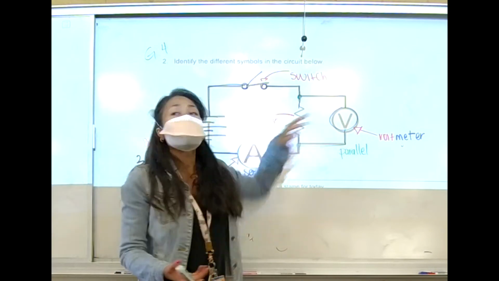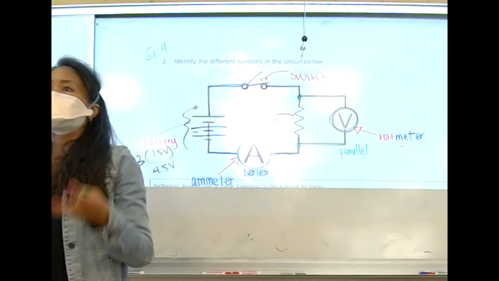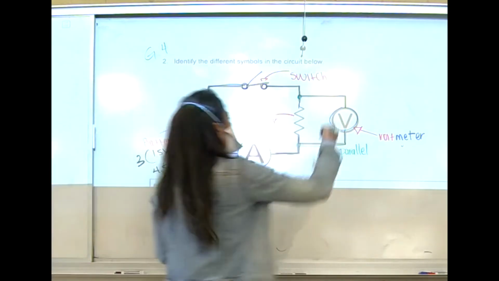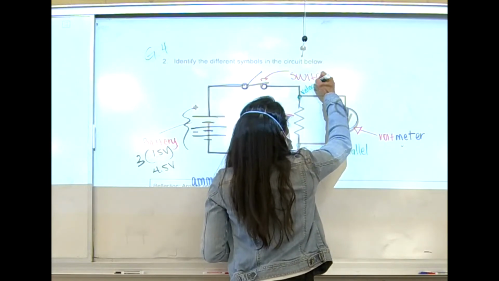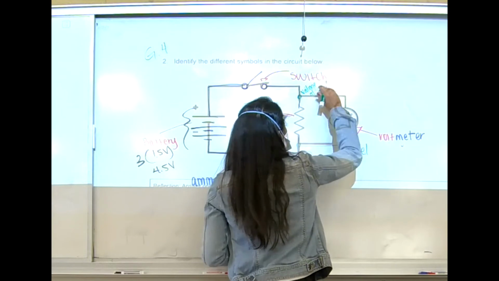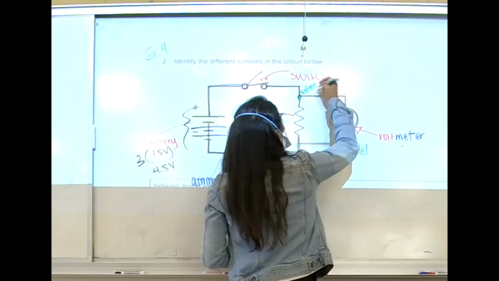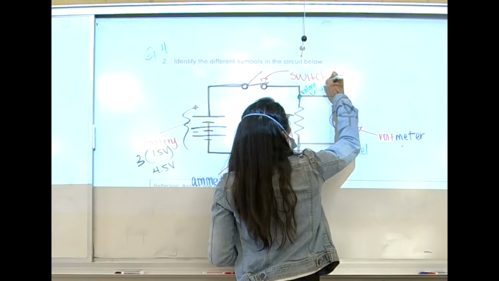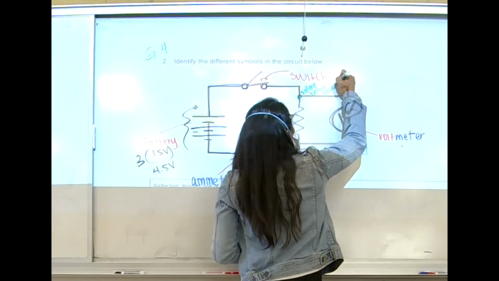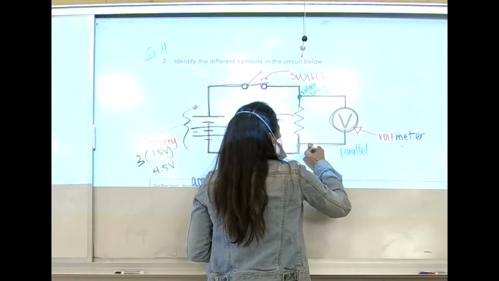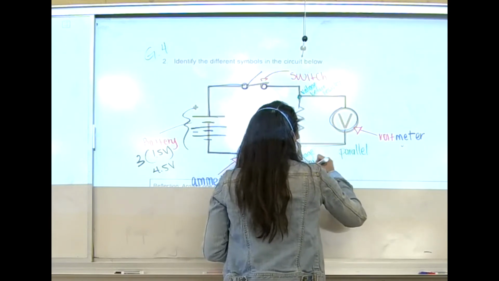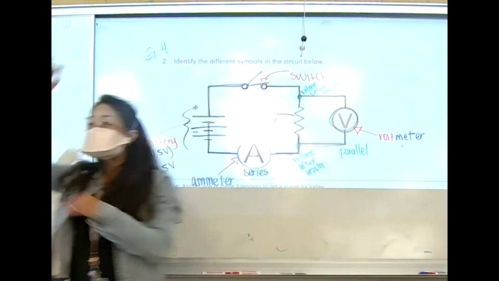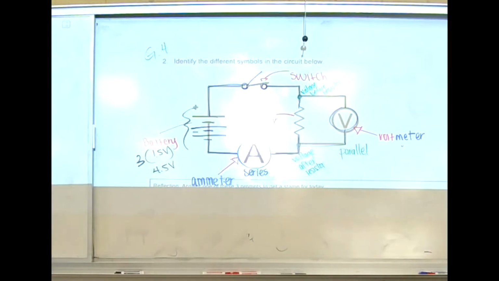But a voltmeter measures how much energy is being used. So it takes the voltage here, voltage at start, voltage before the resistor, and then it takes the voltage after the resistor to figure out how much voltage and how much energy that resistor or that light bulb actually use.